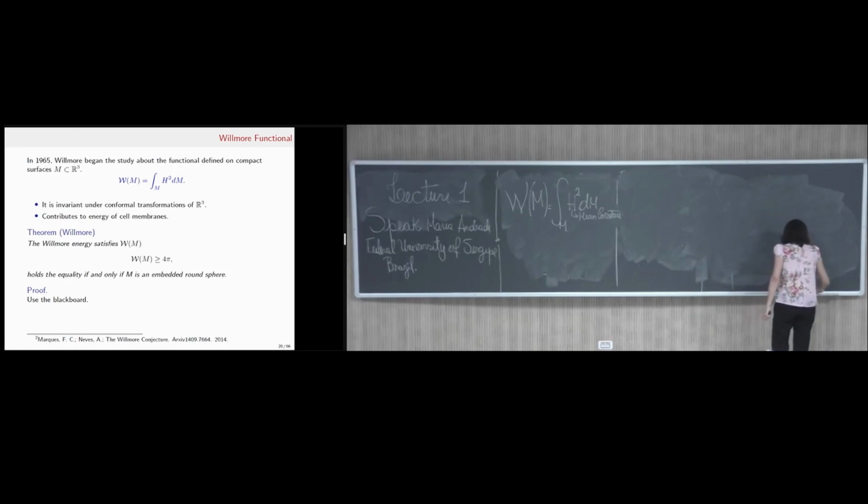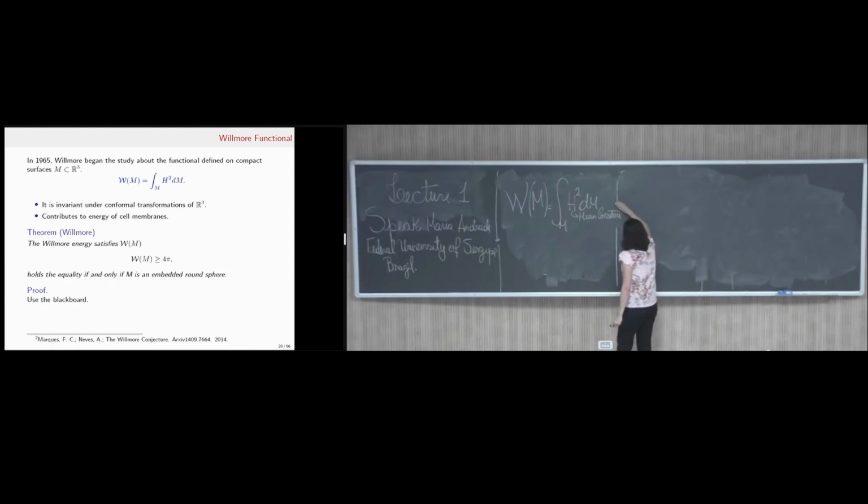I remember some facts. For example, I defined here the Gaussian curvature, which is given by this expression, and the mean curvature is given by this expression, remember? And the Mori energy is given by this expression.